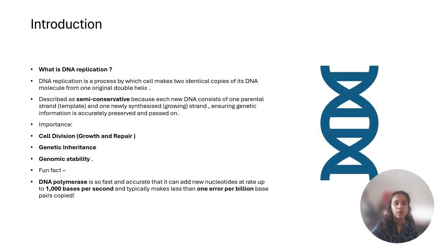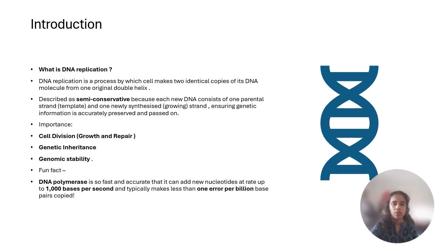So first, what is DNA replication basically? DNA replication is semi-conservative. It is a process where you basically get two identical copies of the DNA from the original DNA double helix.